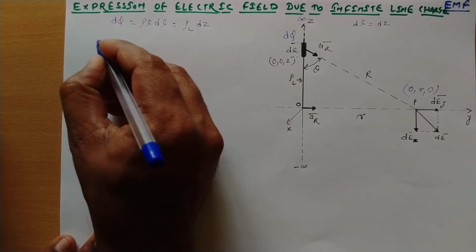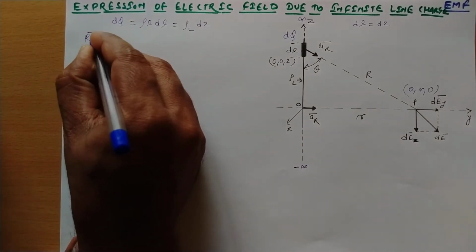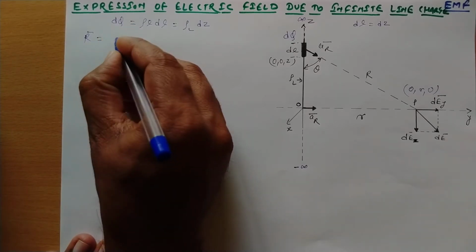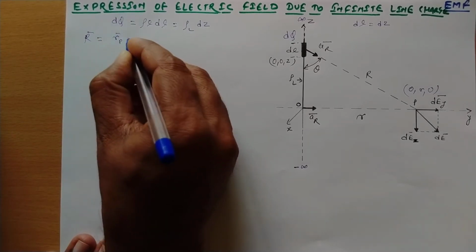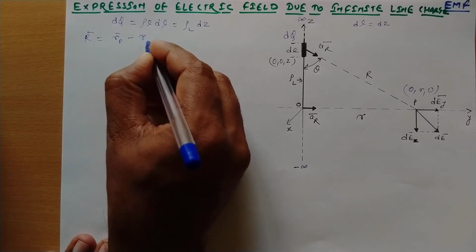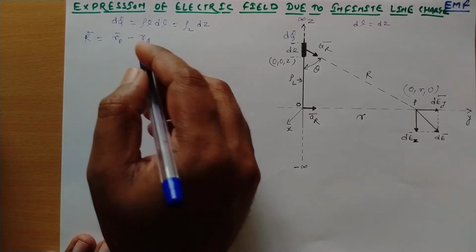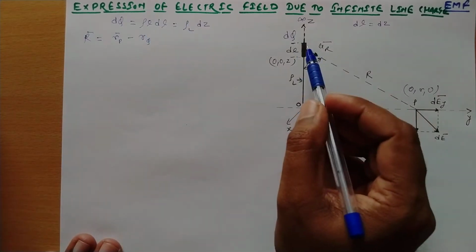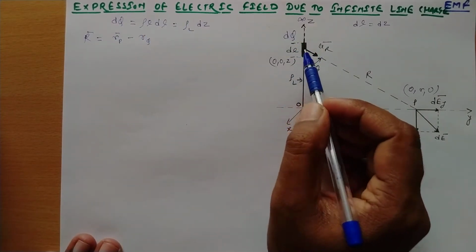So we can find the position vector, which we define as r P minus r Q, or we can say r dl, because we're taking the differential length.